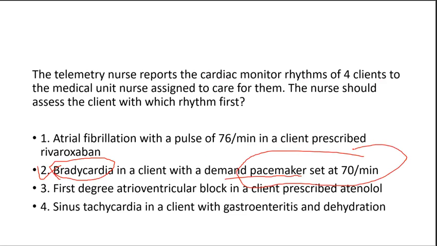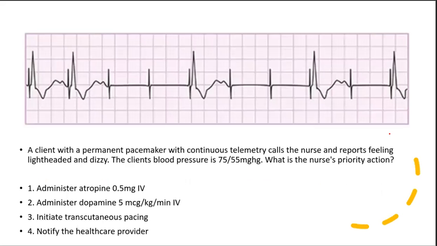That tells me there's possible failure to capture, where the pacemaker is sending the impulse but the myocardium does not depolarize, or there's no pacing. Something is happening with number 2, and that would be my priority patient. So I need to see this patient. Number 2 would be our correct answer.